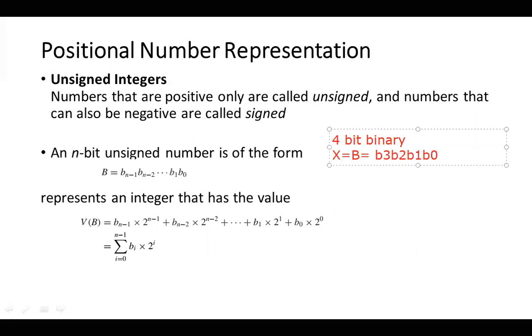B is equal to B3, B2, B1, B0. That is how you represent a number. If it is an n-bit number, the last one will be B(n minus 1), because it starts from 0, the last one will be n minus 1.